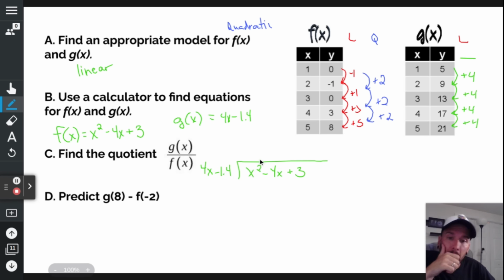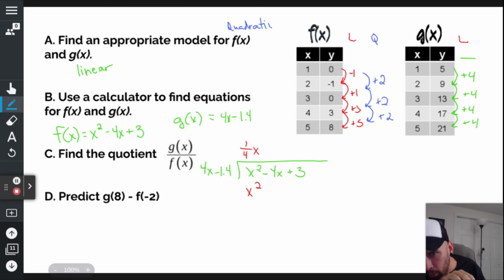4x times what gives you regular x to the 4th? 1/4 x does that. All right, so 1/4 x times 4x gets me x squared. 1/4 x times negative 1.4.